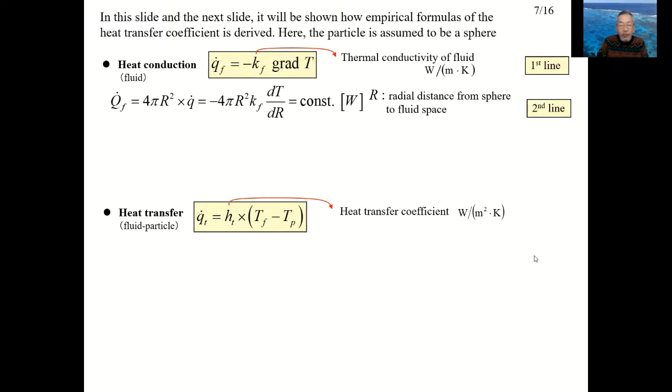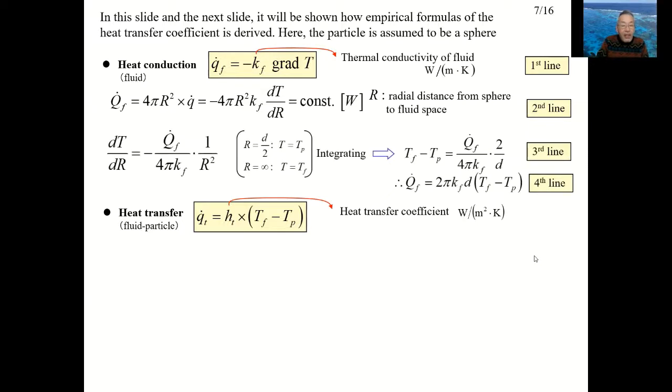This equation is regarded as a differential equation for temperature T. By integrating the differential equation with the surface temperature and the fluid temperature far from the surface as the boundary condition, it is found that heat quantity per time large Qf dot is determined by the temperature difference and the thermal conductivity kf as shown on the fourth line.